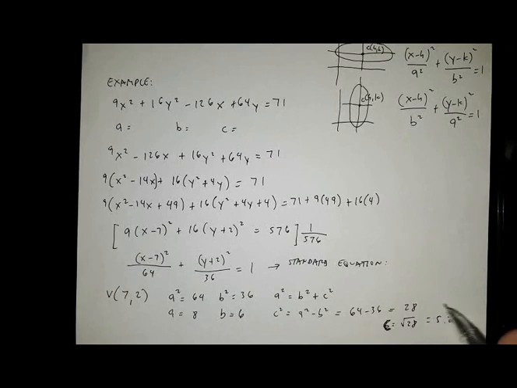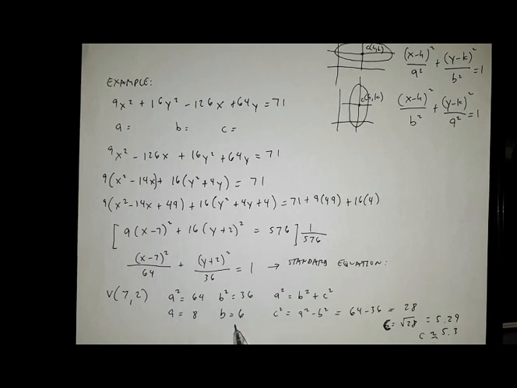That is equal to 5.29 or 5.3. Now that we already identified the values of A, B, and C, we can therefore conclude that the ellipse has an orientation of horizontal.